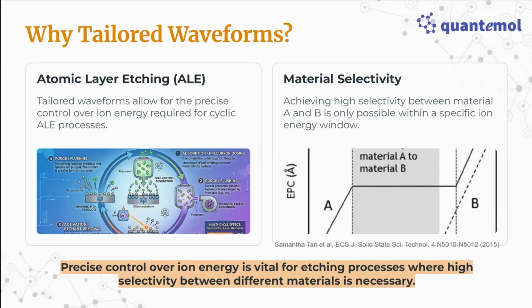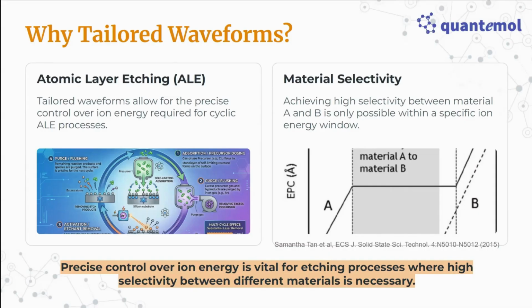However, in order for this to work, you really need precise control over your ion energy. As I said, you only want to etch the upper layer, with the lower bonding energy, but not what is beneath. And usually these bonding energies are roughly in the 10 eV range. They are usually not too far away. So in the end, if you have material A on the surface and material B beneath, you really want all your ions to have energies between these two bonding energies.